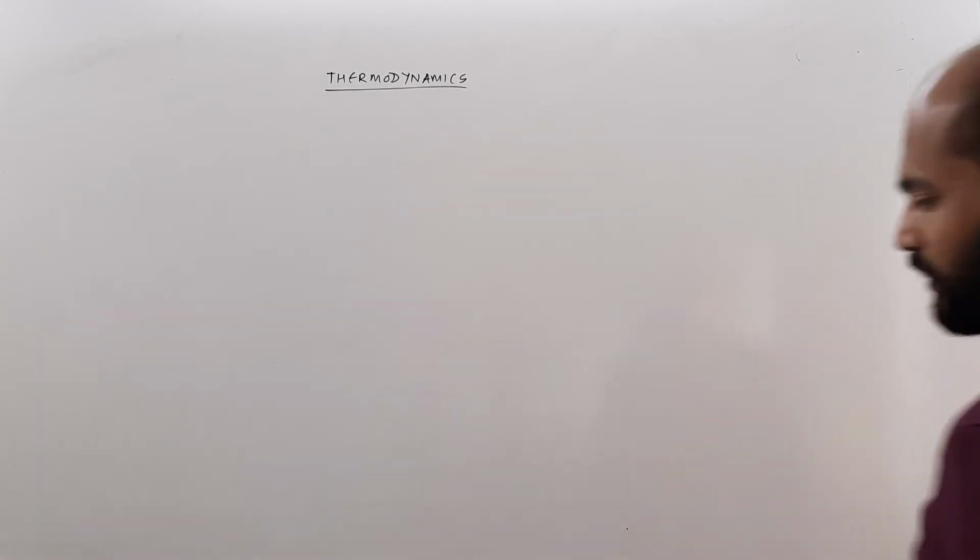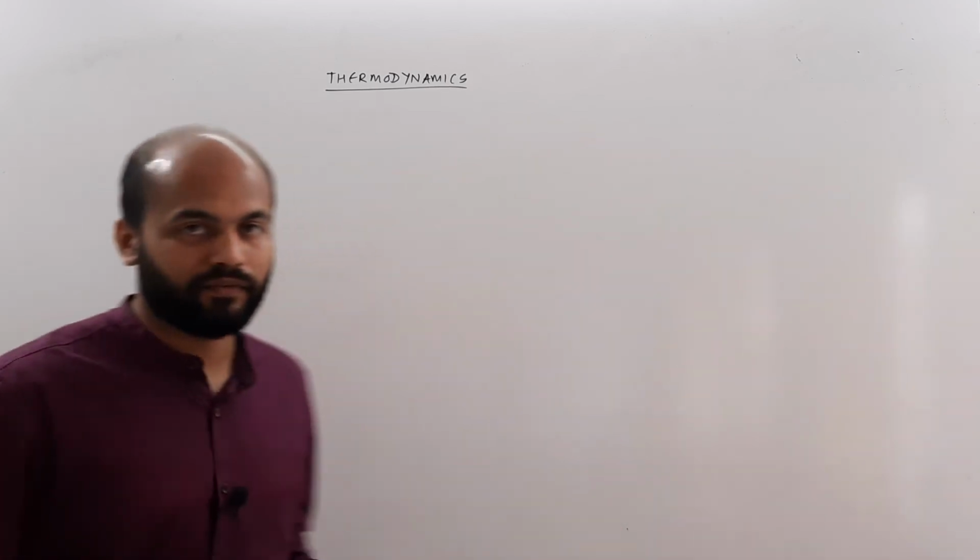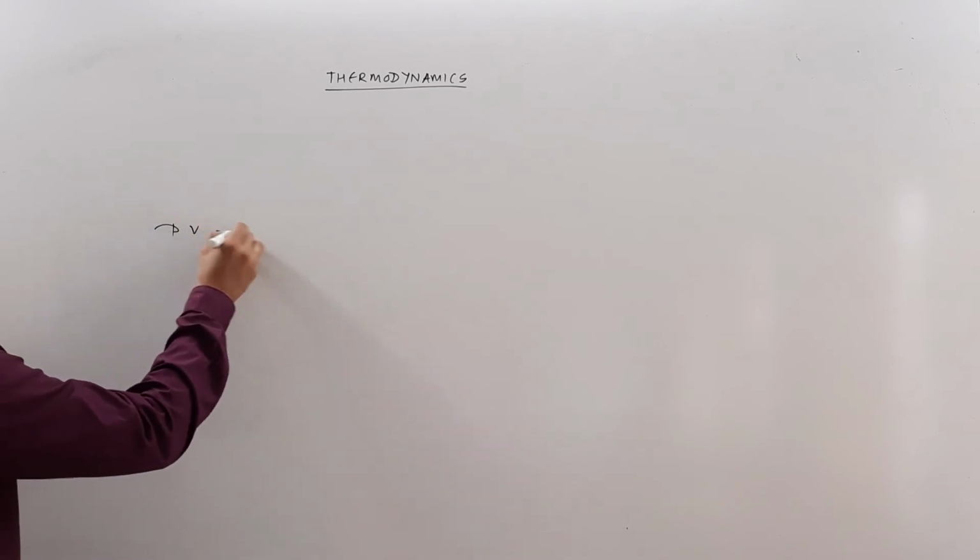Let's see a small concept about the slope of the PV graph in the isothermal process. Now we know that PV is equal to constant. So now I am going to find the expression dP by dV.